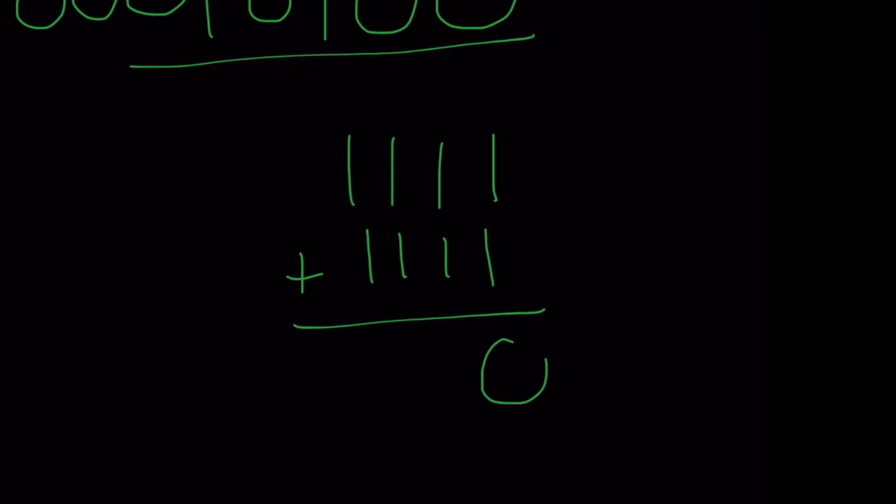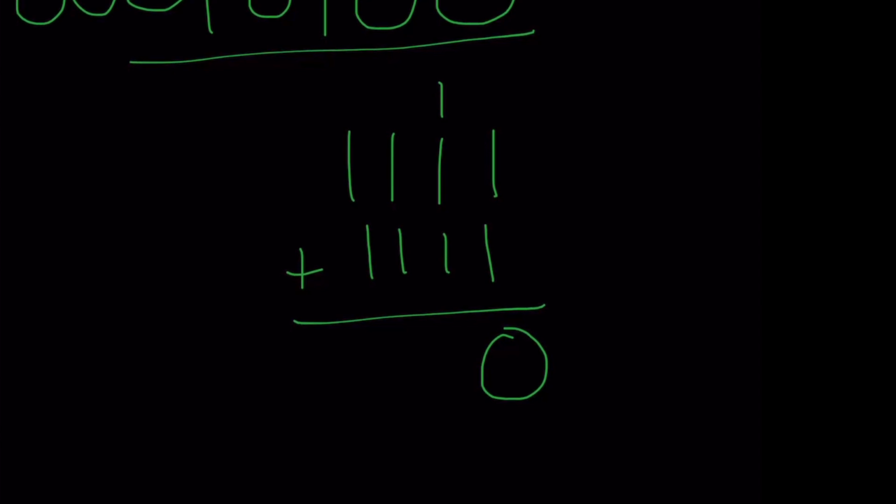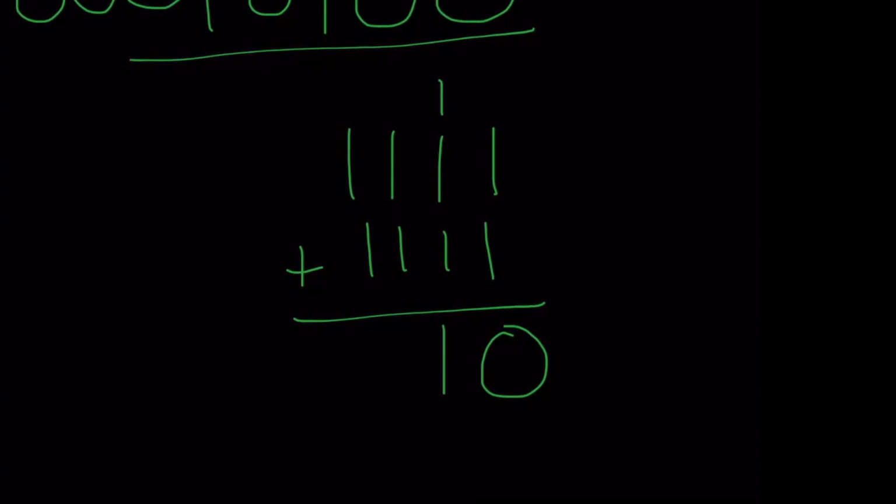So 1 plus 1 is 0, 1 carried over. So 1 plus 1 is 10 with 1 being carried over, but there's another 1. So in a case where you have 3 ones, if it's an odd number of ones, you write a 1 down and carry the other 1 over.